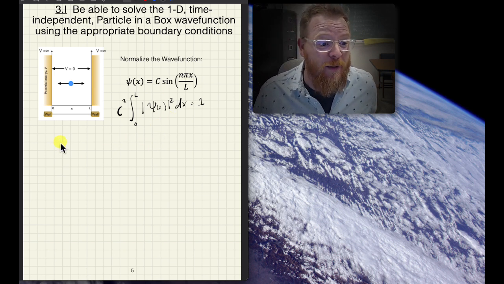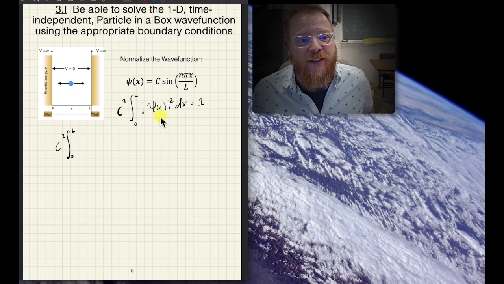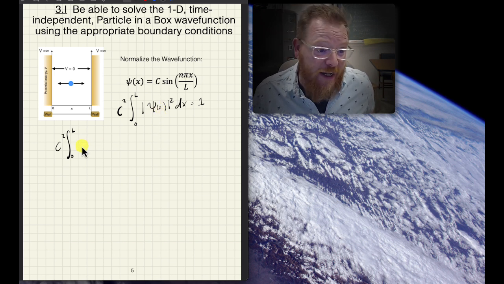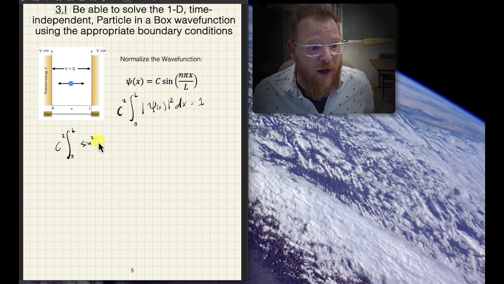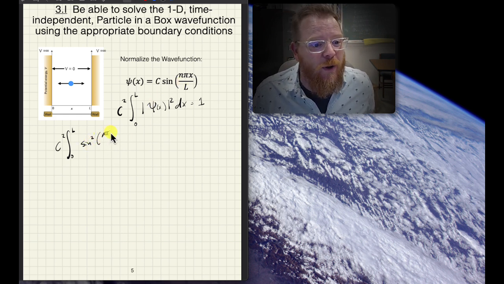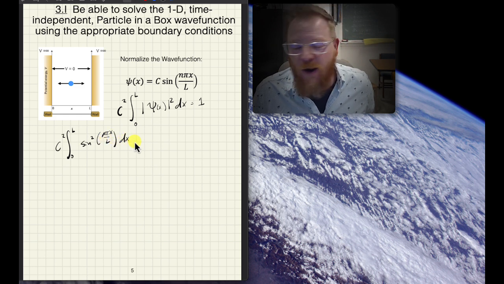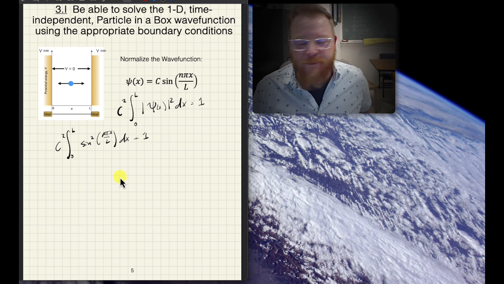So I'll just go through the result quickly here since we already looked at this. Setting up our square modulus, we can simply take sine squared because there are no imaginary or complex numbers in there. So sine squared of n pi x over L dx, and that all equals 1.